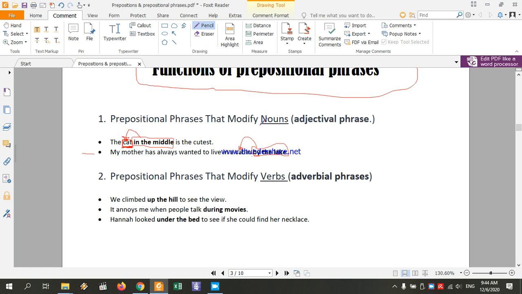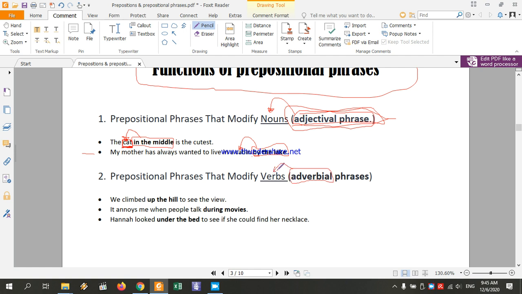So prepositional phrases that modify nouns, we call adjectival phrases. Why? Because they act as adjectives. They describe nouns, and we've talked about this previously: adjectives are used to describe nouns, but adverbs are used to describe verbs.